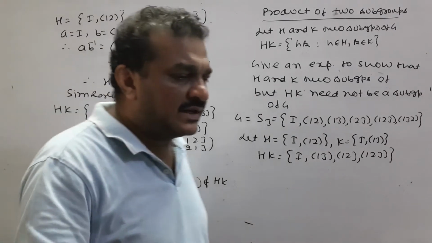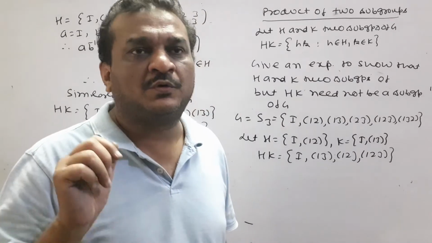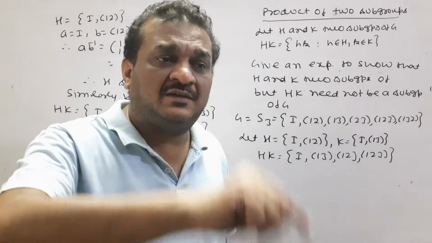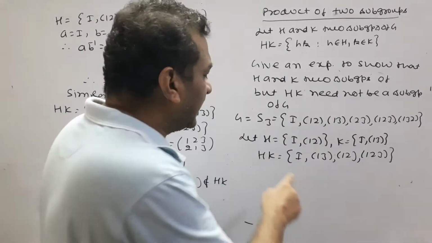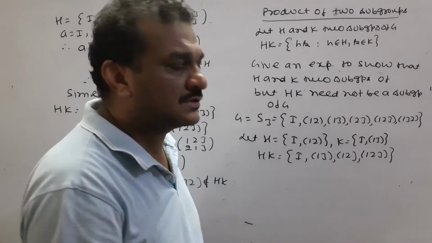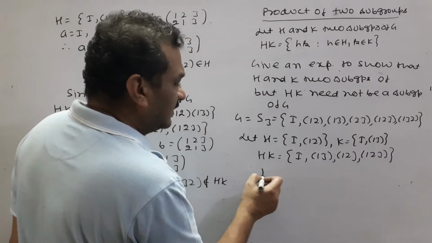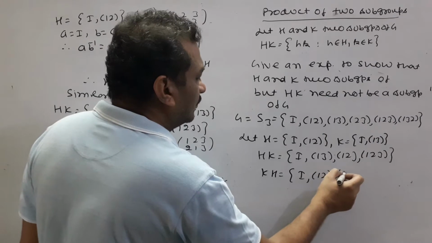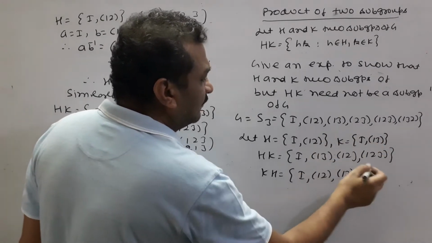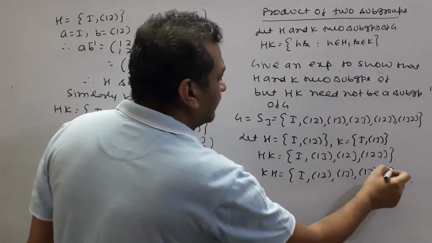But in the next theorem we prove HK is a subgroup of G if HK equals KH. So HK, then KH: I, (1 2), (1 3), (1 3), (1 2).